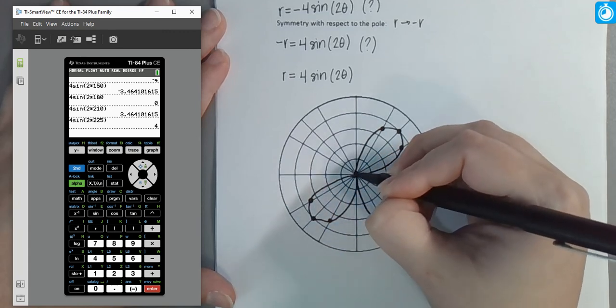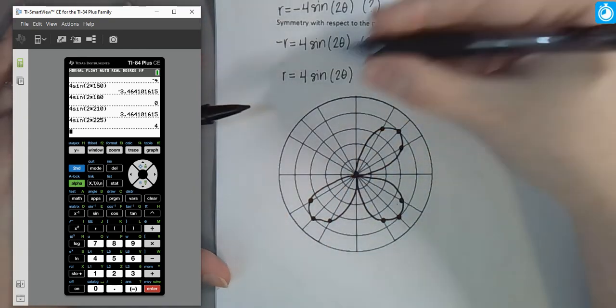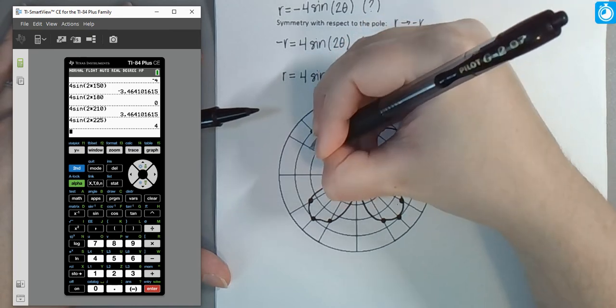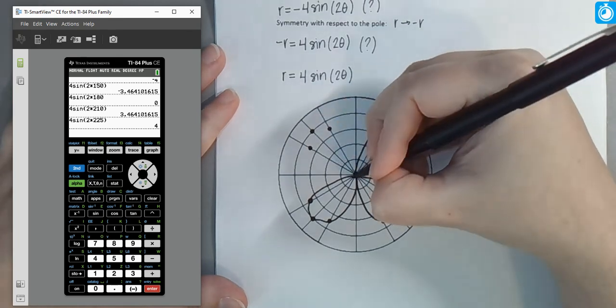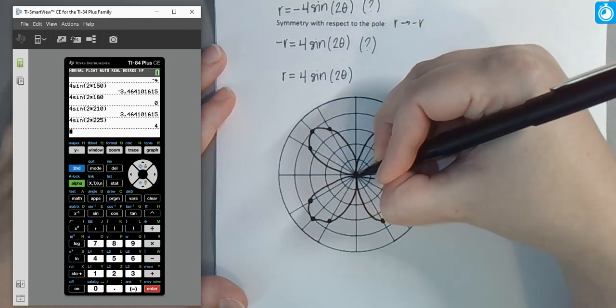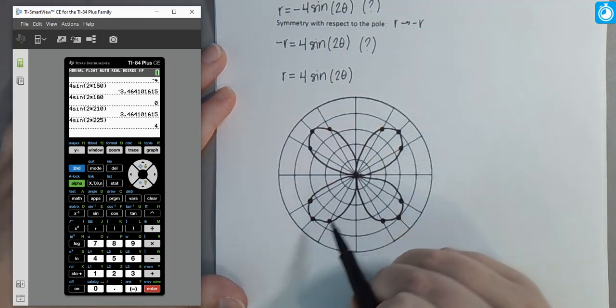We'll get back to the pole. And you can probably guess what's going to happen on the other side when we continue rotating. We're going to have points here, and here, and here. We're going to rotate around, and then it's going to come full circle. And then if we were to continue rotating, we'll start repeating values.